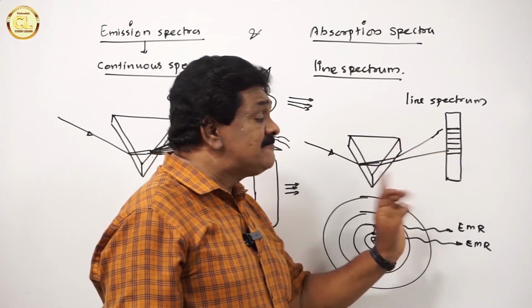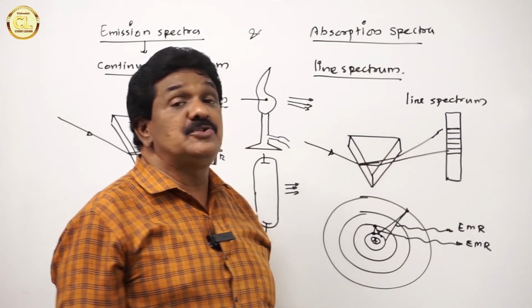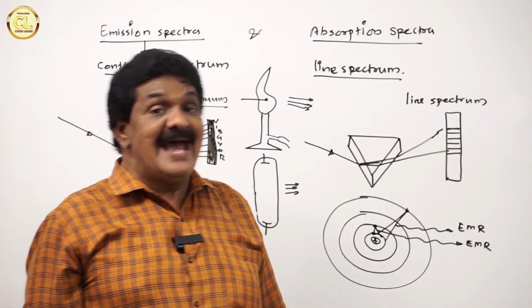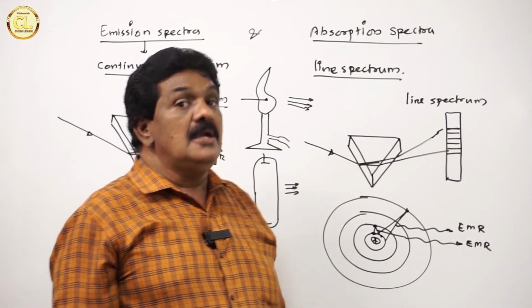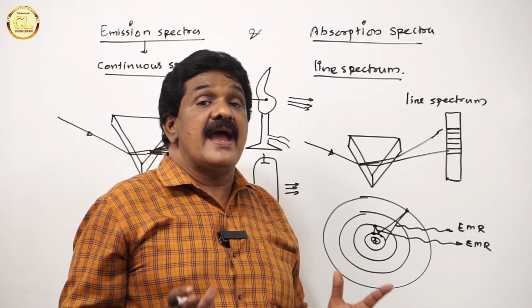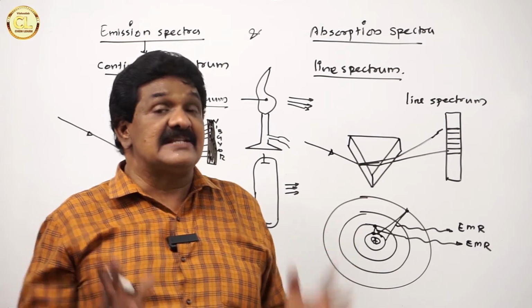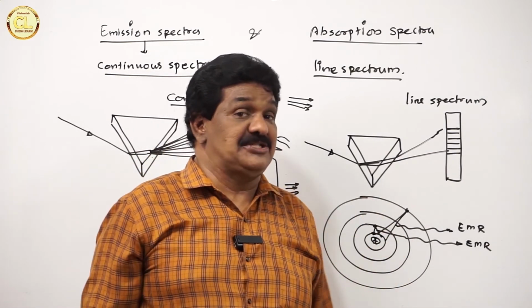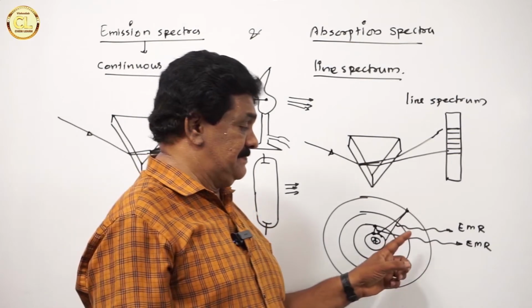Now, since the lines in the spectrum are obtained from atoms, it is called atomic spectrum. Line spectrum is actually the characteristic of a particular atom, hence it is considered as the fingerprint of an atom.